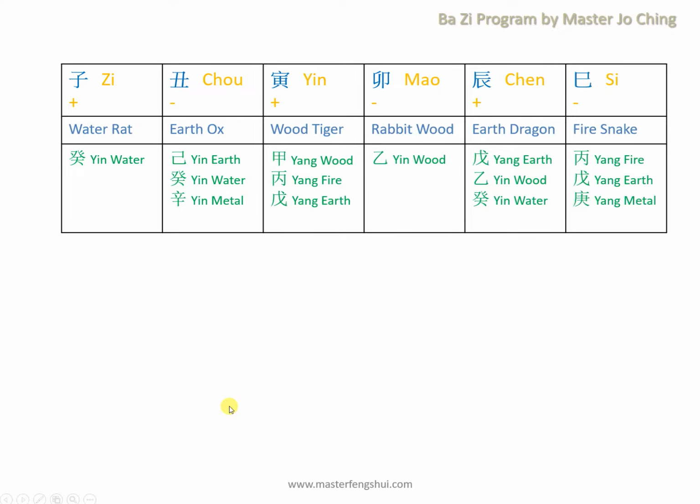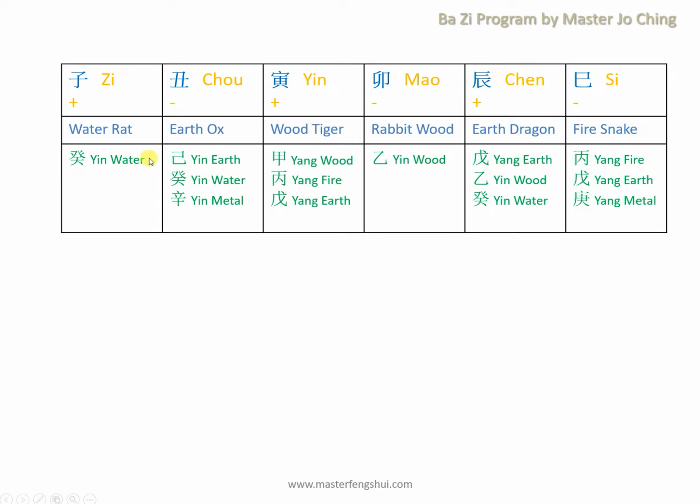So let's look at this table, which I have broken down into details, of course with English translation. Just to recap, this is 子、丑、寅、卯、辰、巳. This is, of course, the water rat, and the earth ox, which we have already learned.